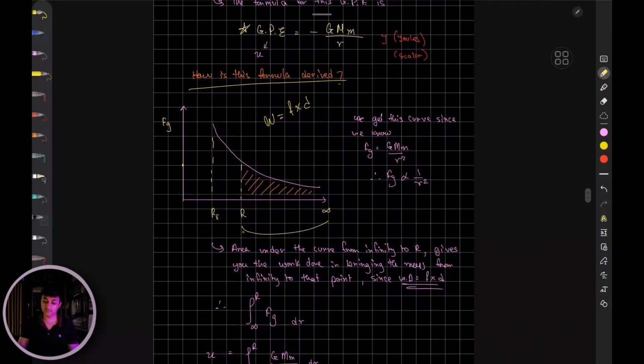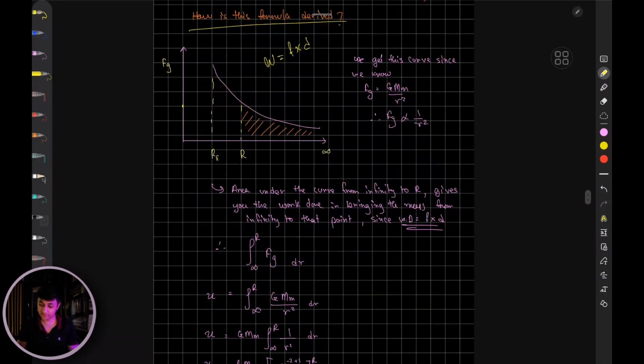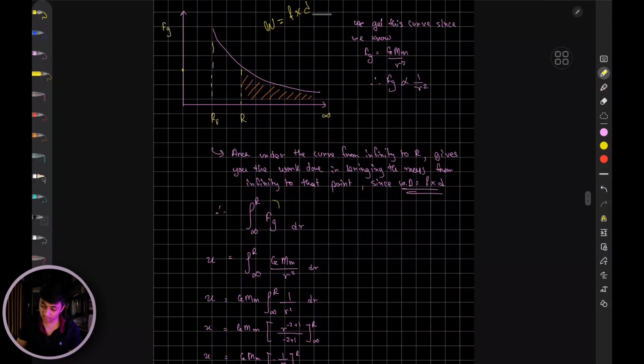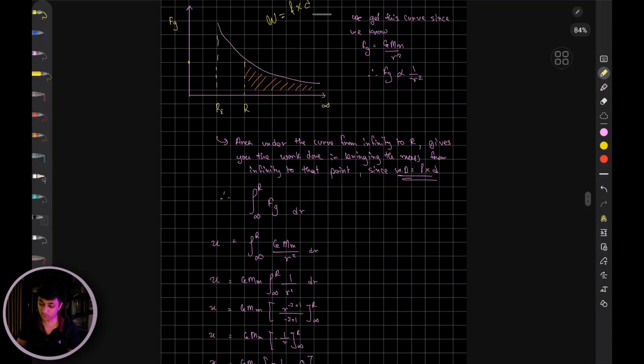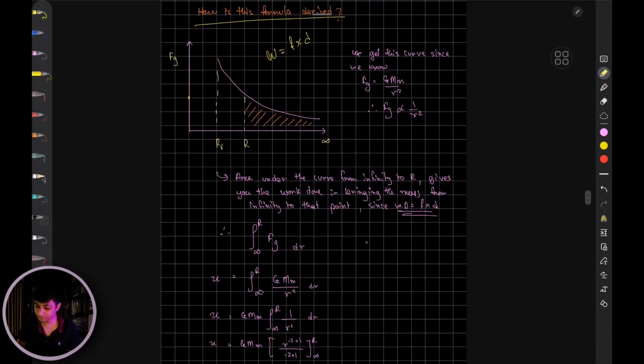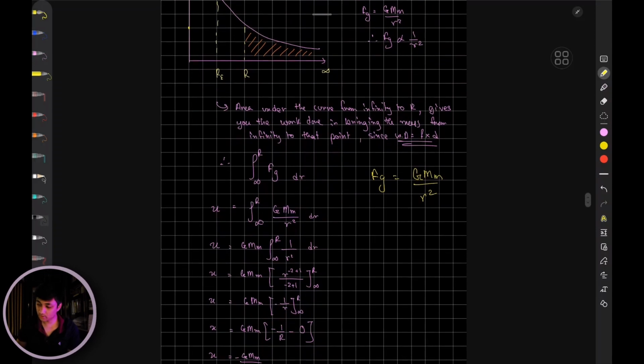Therefore, from infinity to R, let's integrate. You know the formula for force, Fg, and you take the upper bound as R and the lower bound as infinity, because you're going from infinity to R. You're integrating with respect to R, because it is a function of R, GMm by R squared.